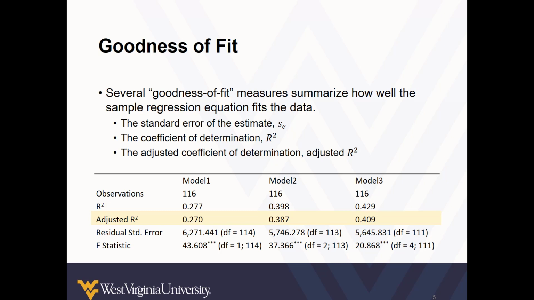So it's really important to use the adjusted R squared in scenarios where we have multiple independent variables because it takes into account those additional independent variables without just inflating the value just because.